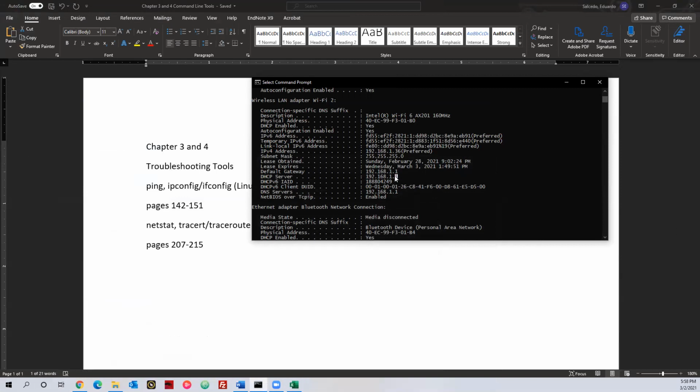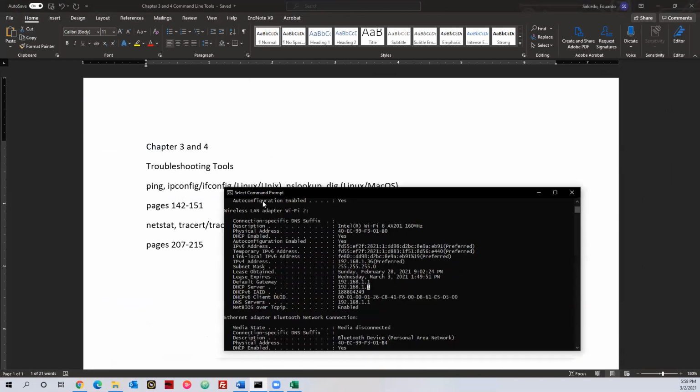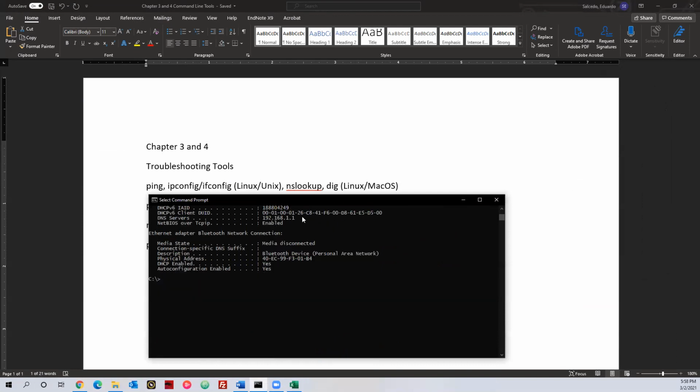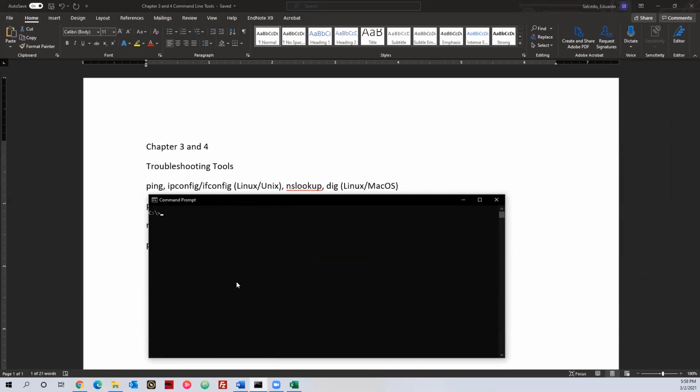And we'll talk about that in just a sec, right? All right, so that will be ipconfig. What is nslookup? There we go.